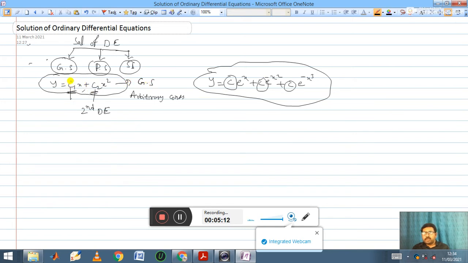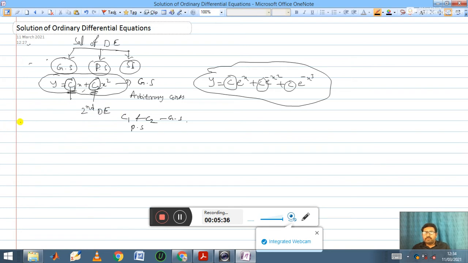After finding the c1 and c2 values, if you replace c1 and c2 in the general solution, it leads to the particular solution. So we can understand that a particular solution is free from arbitrary constants. It does not contain any arbitrary constants.